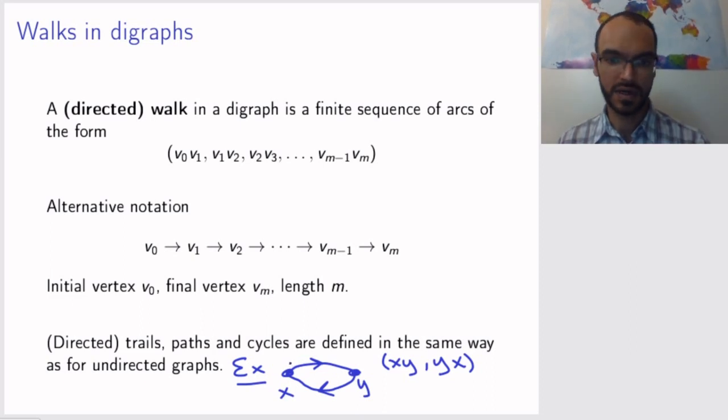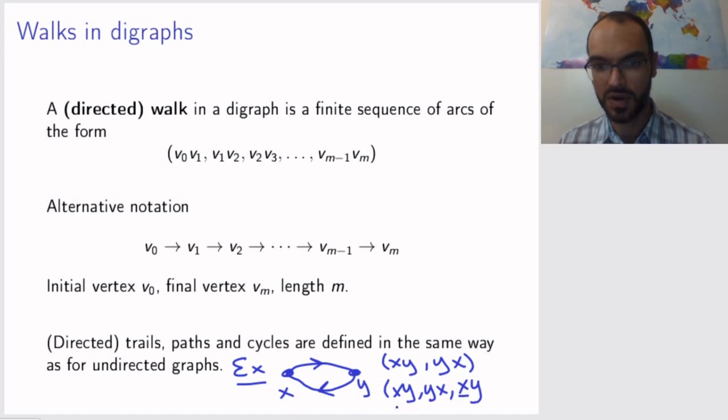And indeed here you are not, because there is one edge going from X to Y and a different edge going from Y to X. Whereas if you would go XY, YX, and then XY again, now you're repeating the edge XY twice, so this is not a trail. Only the first one is a trail, and so on.